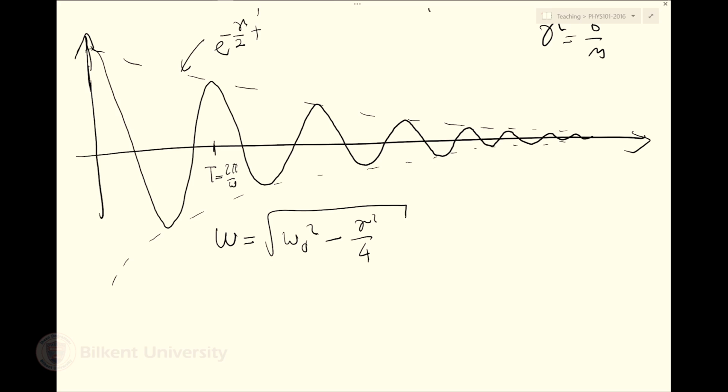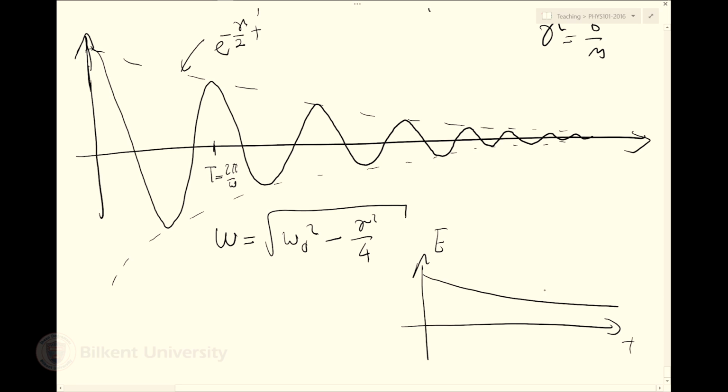What you can do is, I'm not going to do it, you can look at the energy of the oscillation as a function of time. You will see that this energy actually decays to 0 with e to minus gamma t. Okay? So your damping makes your mechanical energy be converted into heat, right?